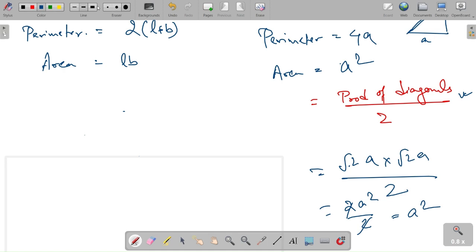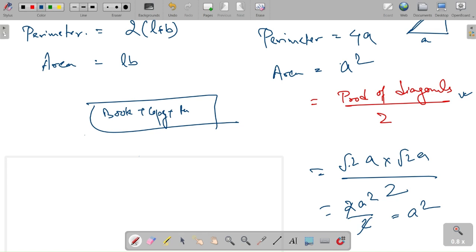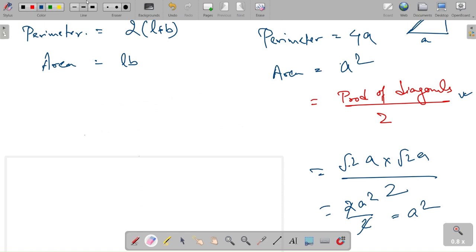You have to do enough sums. In order to do enough sums, you have to sit with your book plus copy plus pen and no disturbance, no phone, no nonsense, no music. You have to sit and work. The more you do, these things just automatically come to your mind. Anyway, let's work with the parallelogram.